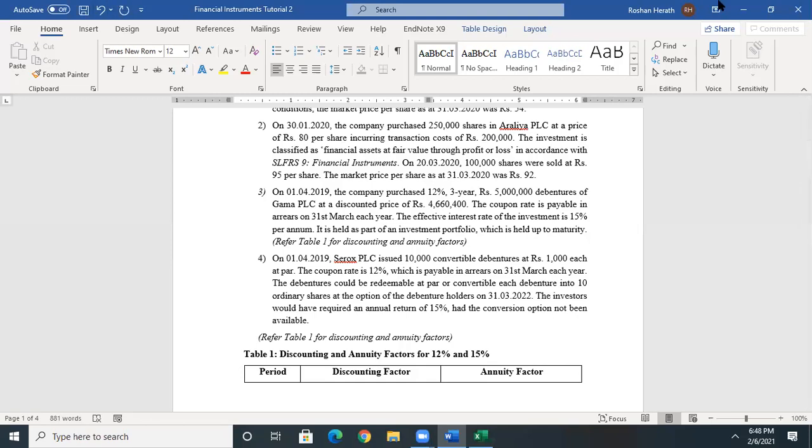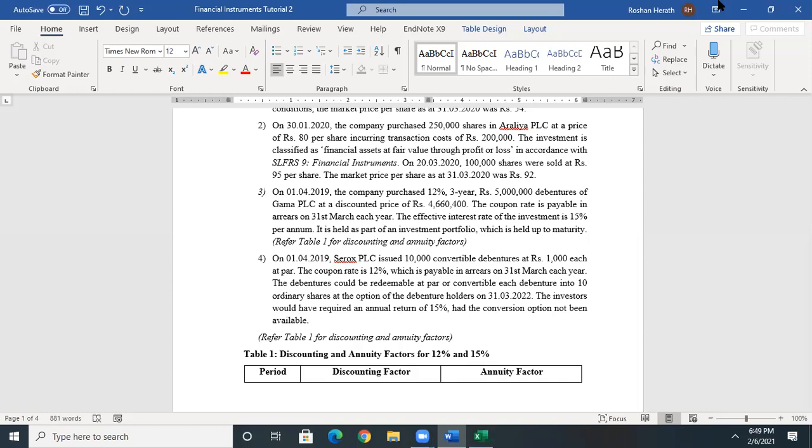Yeah, if you have managed to get that, you can indicate the answer. So what was the gain or loss? There is a kind of realized gain as well as remeasurement gain.